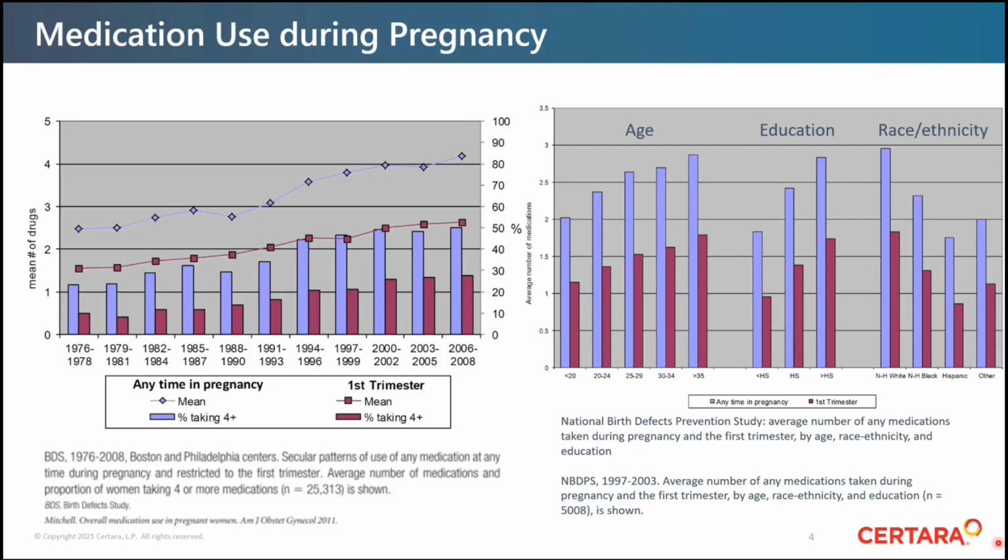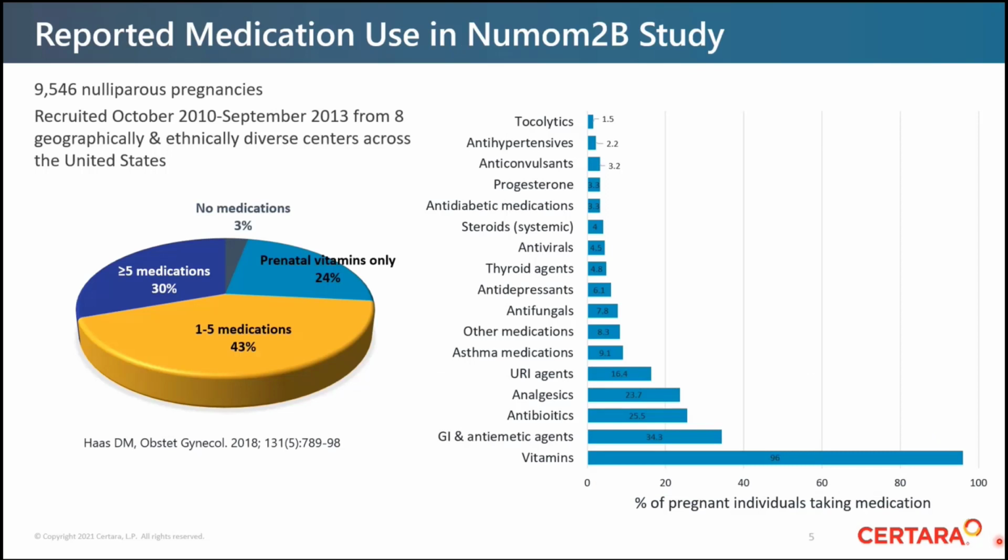This is not just shown by this single study. Recently, IU participated in recruitment for the New Mom to Be study, which is a study of almost 10,000 nulliparous pregnancies. Recruitment was from October 2010 to September 2013 across 8 geographically and ethnically diverse centers in the United States.